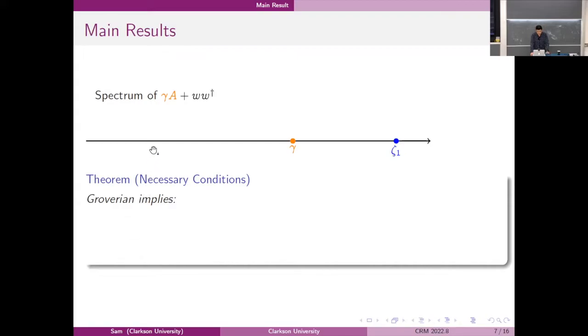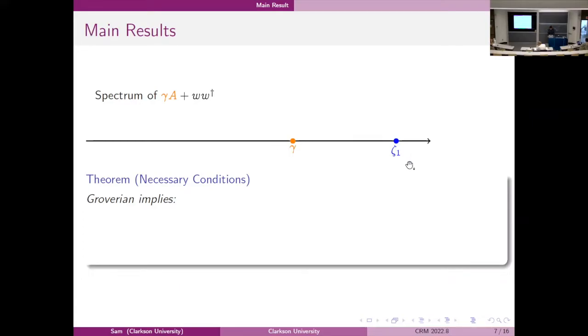If we look at the spectrum of gamma A plus W W dagger, that is the Hamiltonian of the spatial search, we have this gamma here. This is the largest eigenvalue of gamma times A. Because we add W W dagger, which is a rank-one perturbation, all the eigenvalues have a shift to the right.